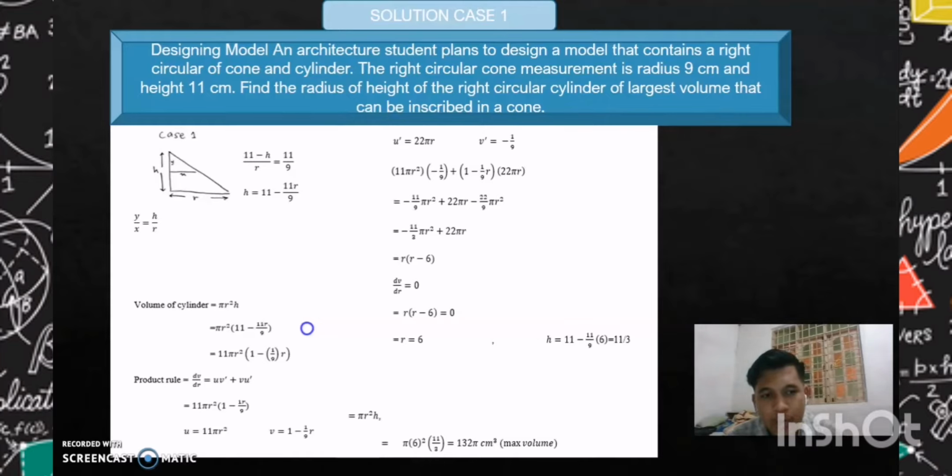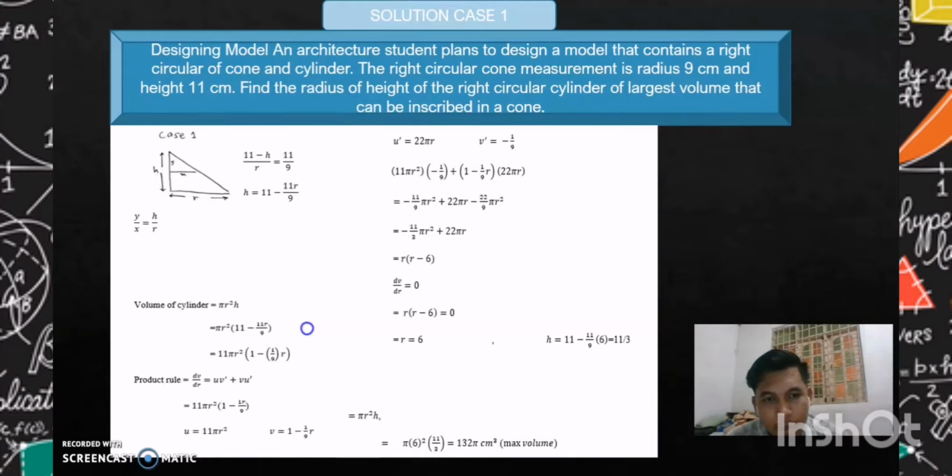So pi r squared h, multiplied by 11 minus 11 over 9 r. So we got the volume of the cylinder: 11 pi r squared multiplied by (1 minus 1 over 9 r).